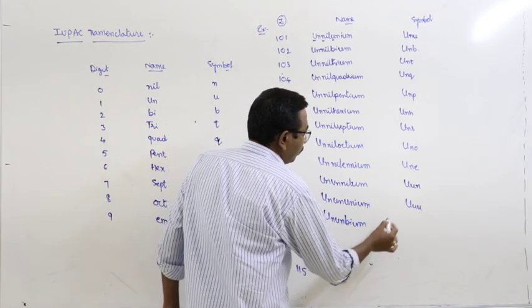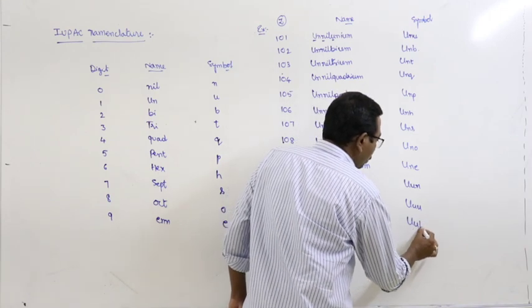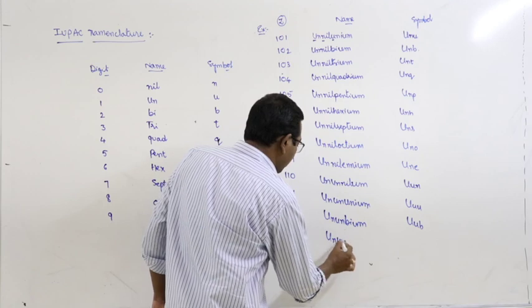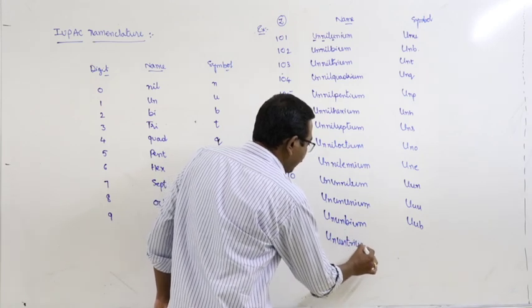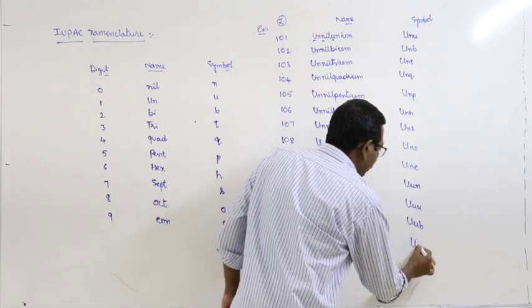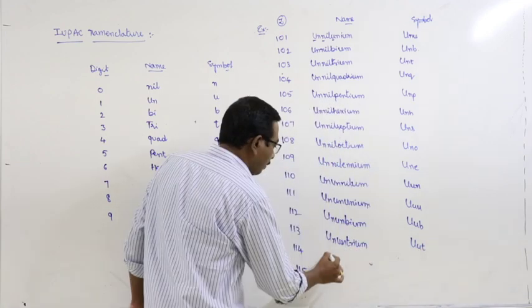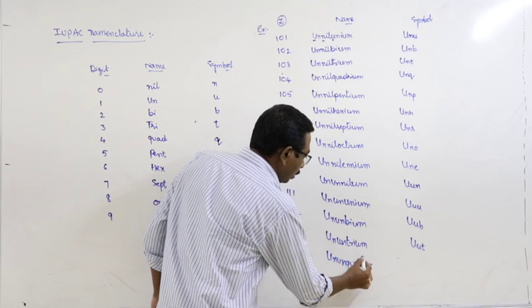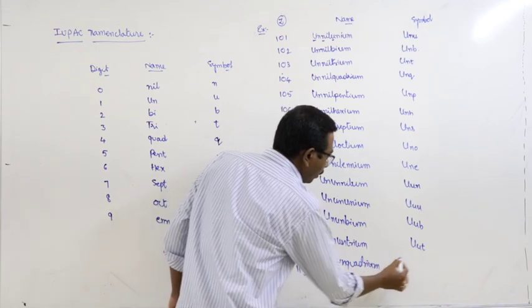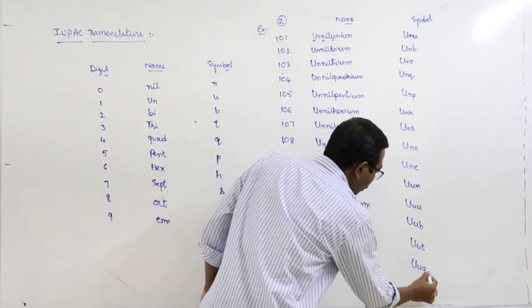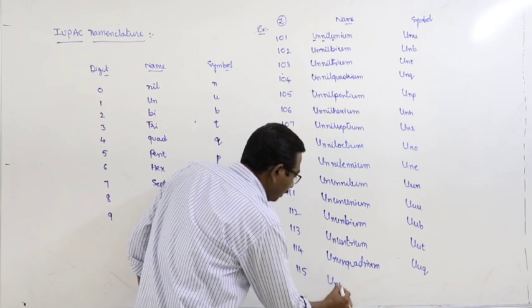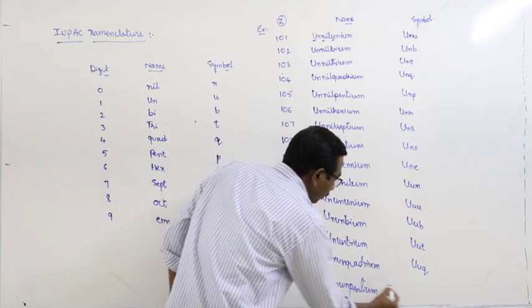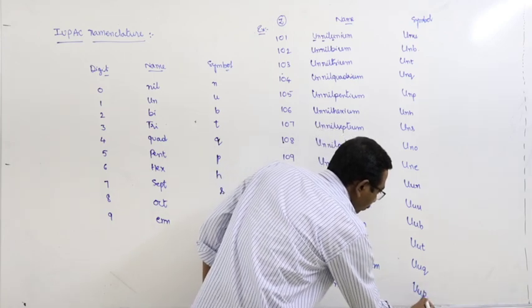Bium, UUB. 113, trium, UUT. 114, quadium, UUQ. Pentium, UUP.